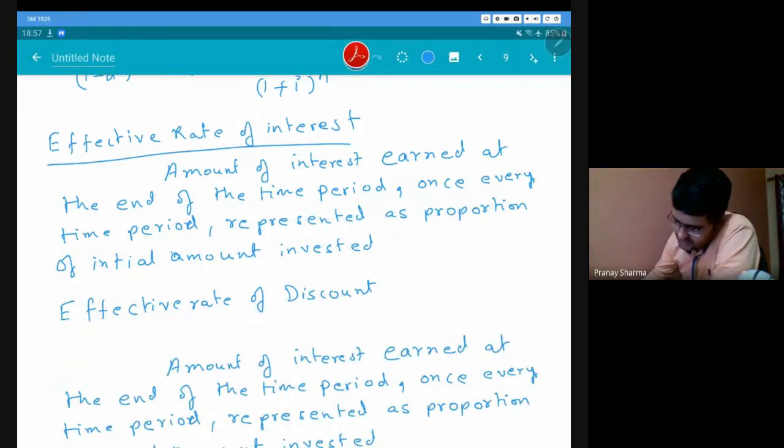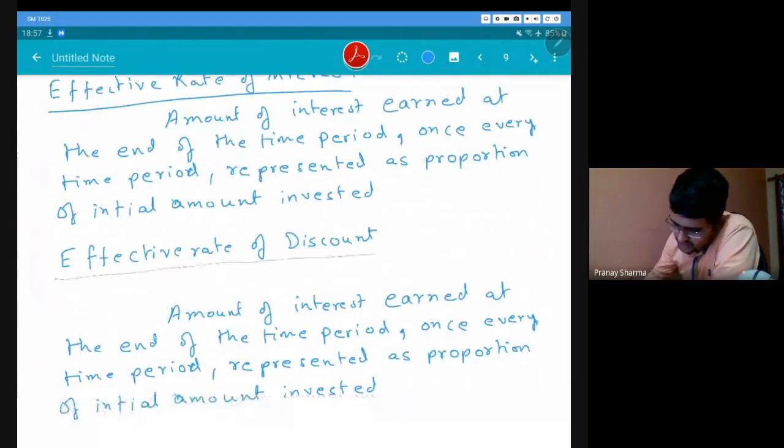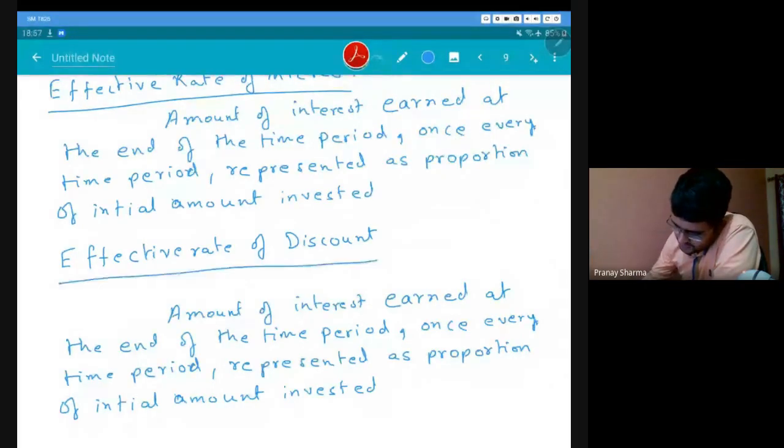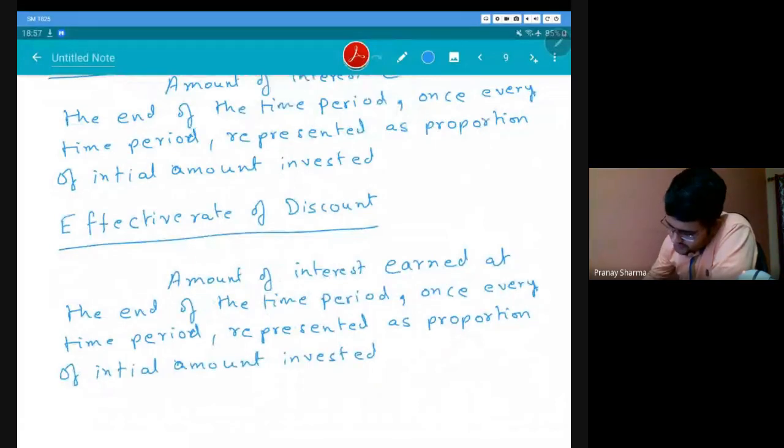Now there's a reason I have just pasted it down here, because there's a small change. What is that change? So what we are saying is amount of interest earned at the, here we'll have beginning, instead of end. We'll be earning the interest at the beginning of the time period, once every time period, represented as a proportion of, instead of initial, we will have final amount.